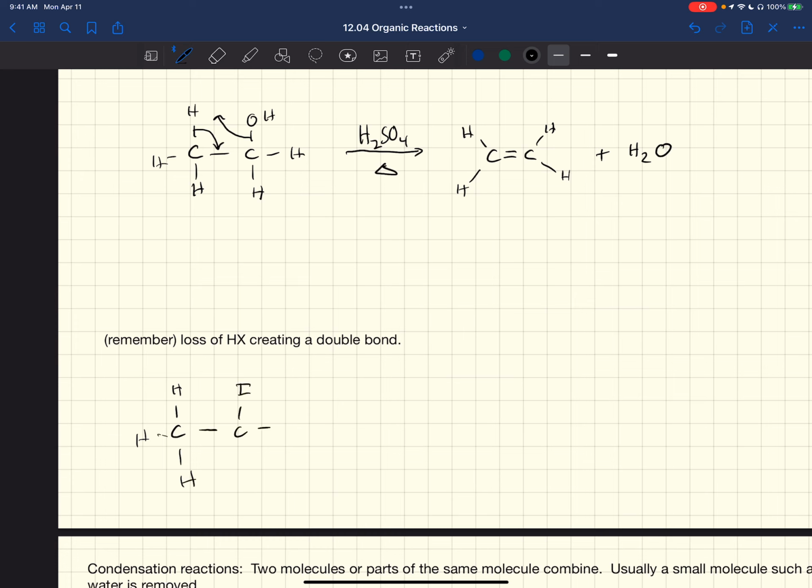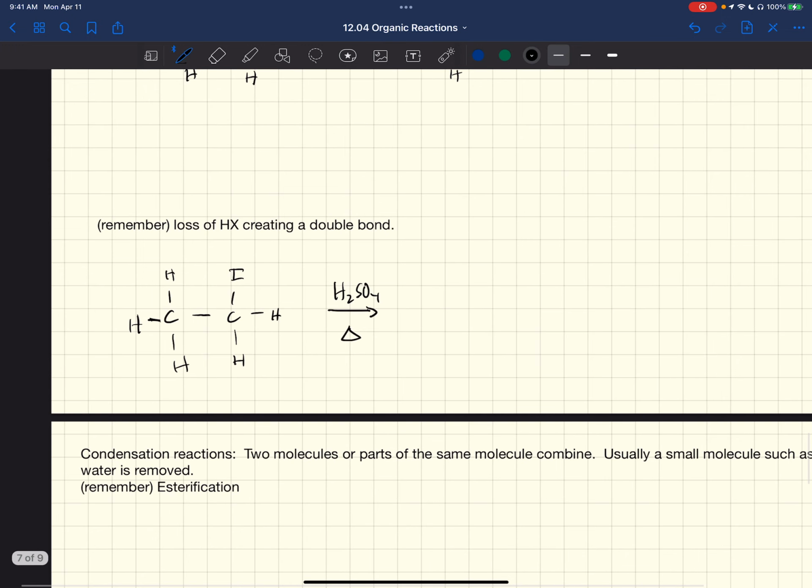Let's do iodine this time, just for giggles. Same conditions, H2SO4 and heat. And we're going to eliminate, something like that, hydroiodic acid.